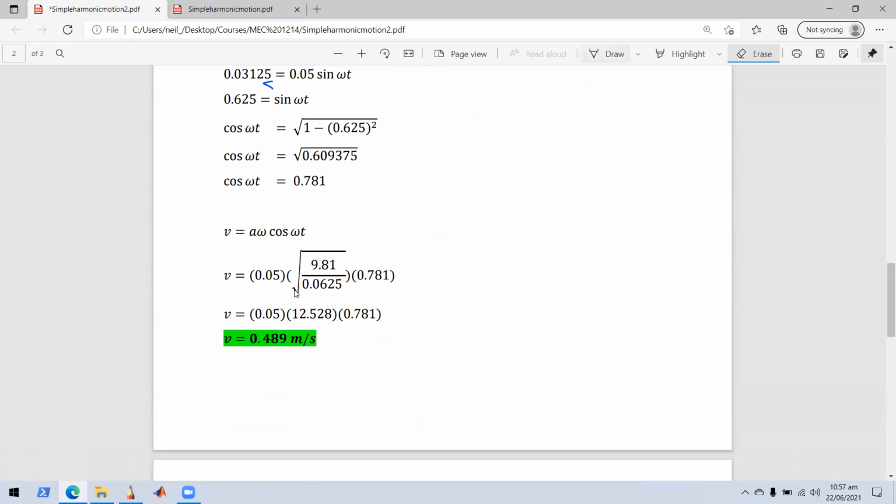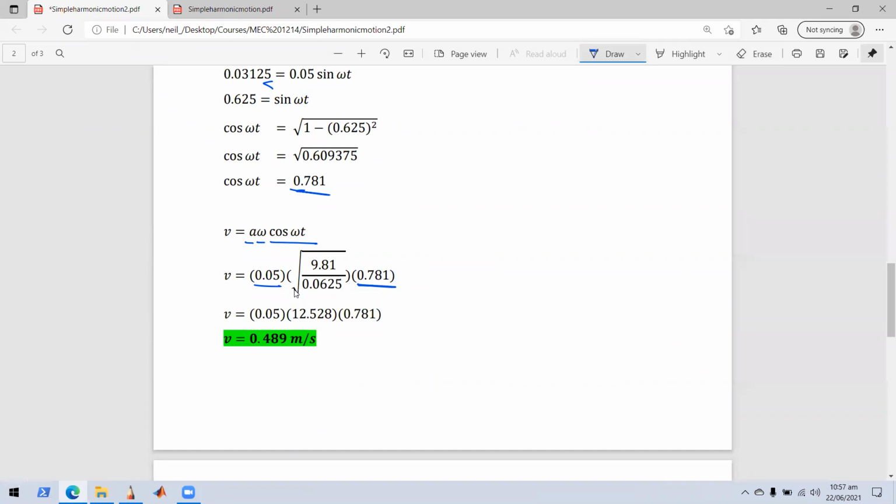So plugging these values in: the value for a, the value for omega, the value for cosine omega t. v is equal to 0.05 times the square root of 9.81 divided by 0.0625, times 0.781. You can simplify this and plug it into the calculator.